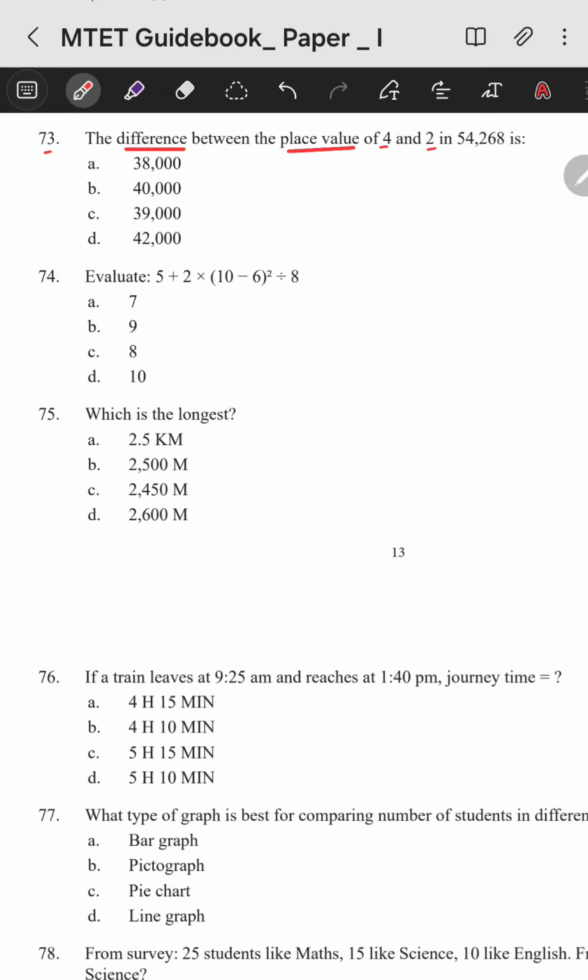So you have to understand the place value of 4. Count ones, tens, 100, 1000. That means the place value of 4 is 1000, so it is 4000.